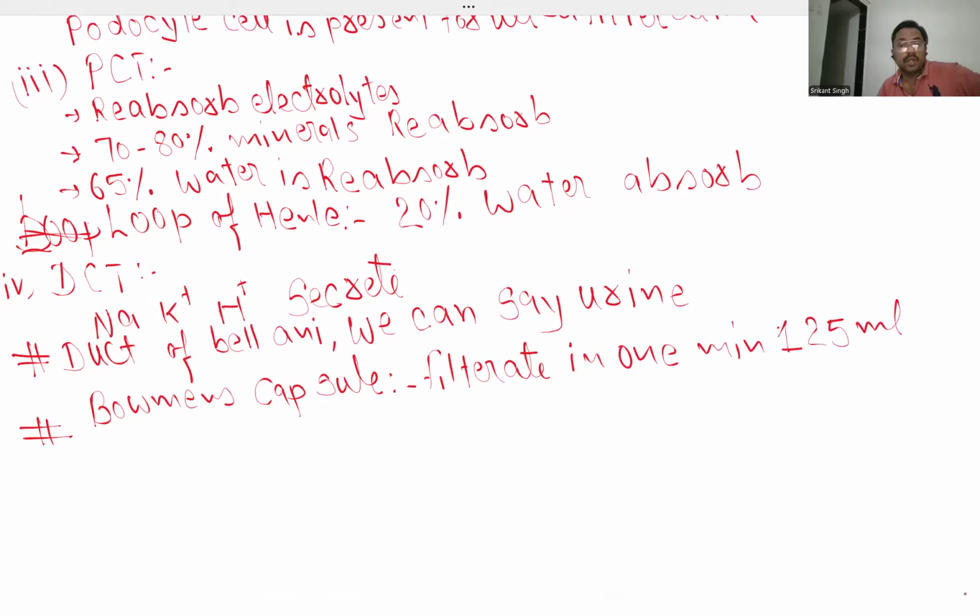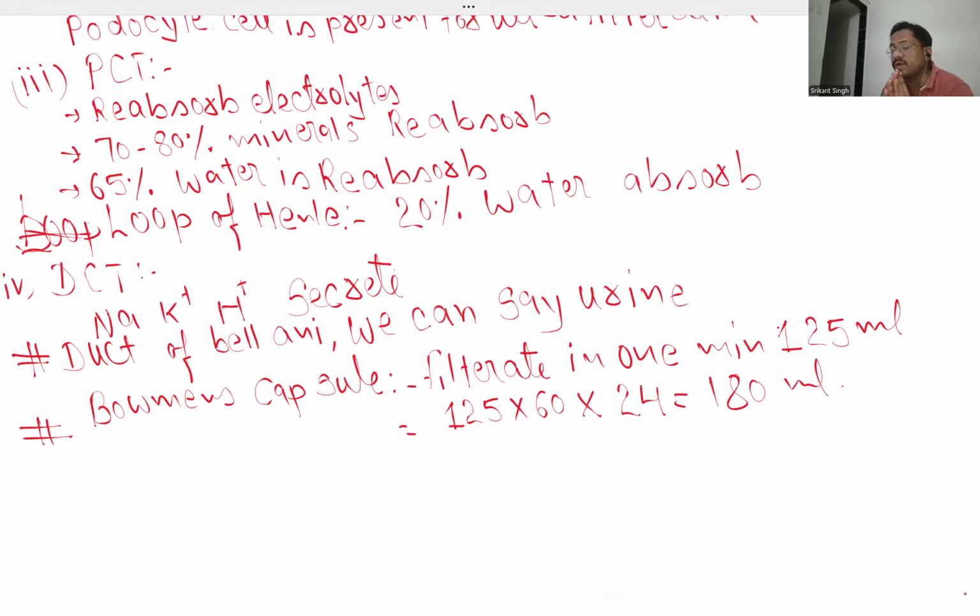If you want to calculate how much is filtered in 1 day, 125 per minute has to be multiplied by 60 to convert into hours, and then by 24 hours in 1 day. Then it will be about 180 liters.